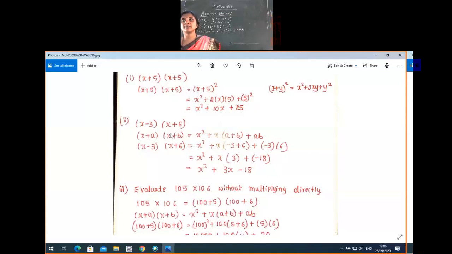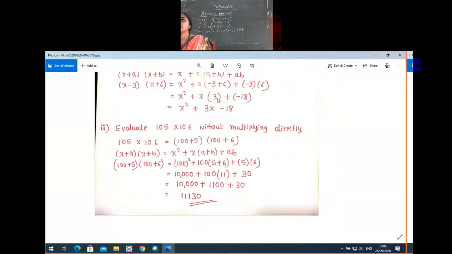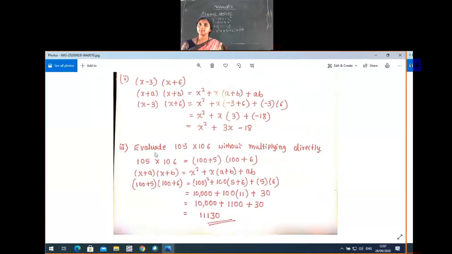Got the idea of this type of problem now? Yes, you all know, but still I'm revising this one. Okay, we'll work out one more problem. Evaluate 105 into 106 without multiplying directly.